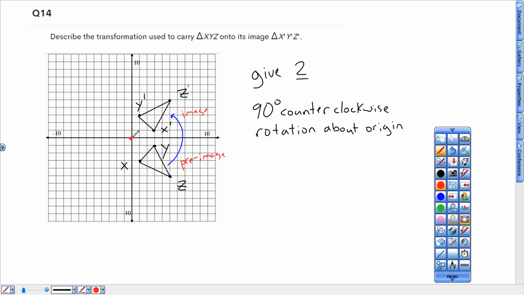So a 90-degree counterclockwise rotation about the origin. That's one way to get from the pre-image to the image. The other rule would be a 270 rule to the right. 270 to the right. That would be another way to get that 270 clockwise to the right rotation about the origin.